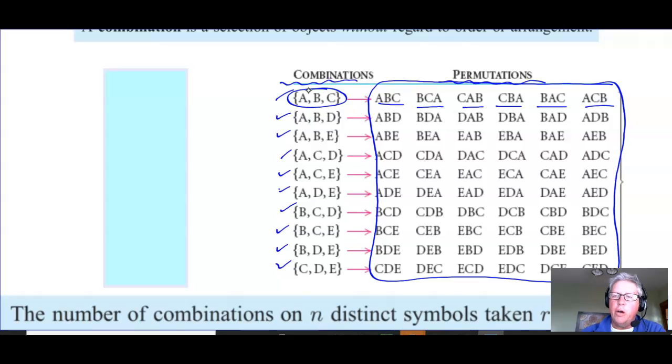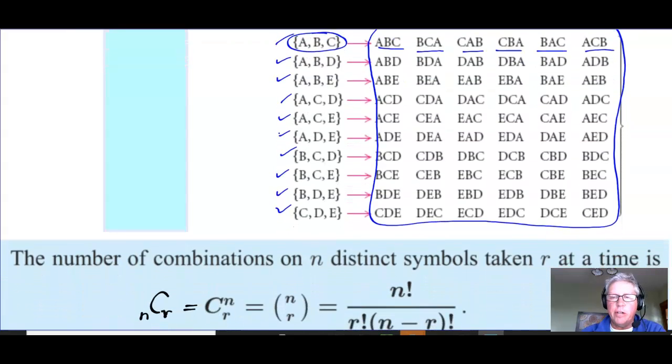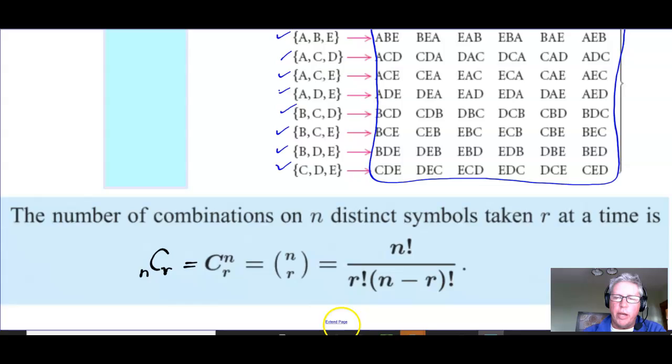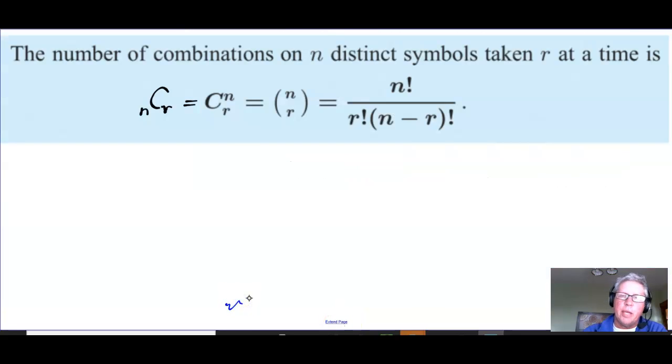I hope you feel good about that equation we had before; right here is the permutations, and we're dividing out how many different ways we can arrange those 3 letters. So combinations are not that different than permutations. There's just a lot fewer of them.